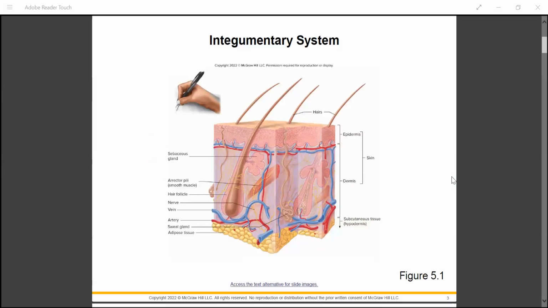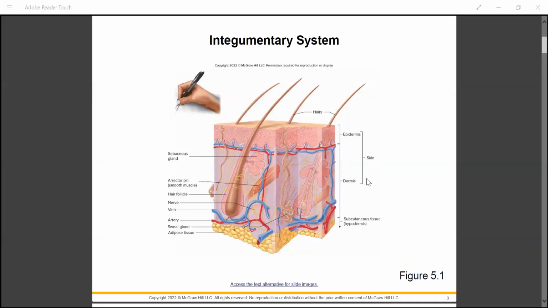So this cross section just gives us a good look at all the different structures that make up our integumentary system, save for our nails. So the first thing I'll point out is that what we classify as the skin is the epidermis up here, our epithelial tissue, and then the dermis is this thicker layer of connective tissue, and this is where a lot of our structures are found.